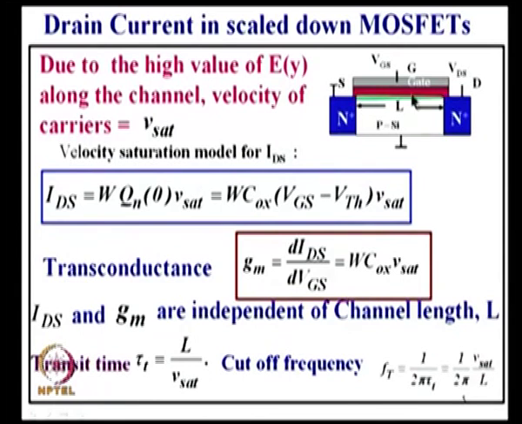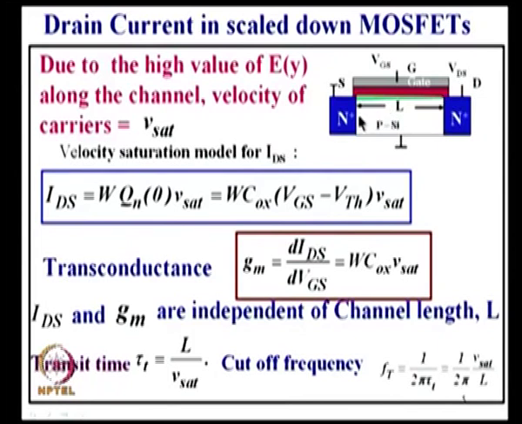If you go down along the channel, the velocity cannot increase beyond that point. Velocity maximum is 10 to the power 7. If you say this is velocity saturation, here also there is velocity saturation, here also. What happens to charge then? That would imply that charge also is constant, because ID is the same thing everywhere, because of current continuity.